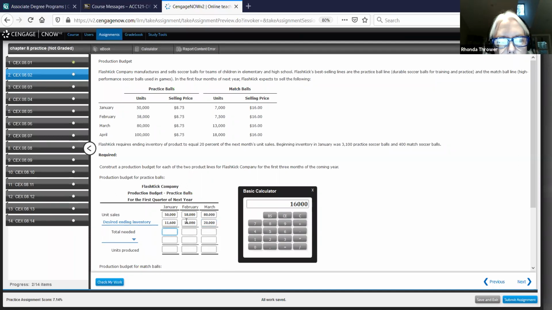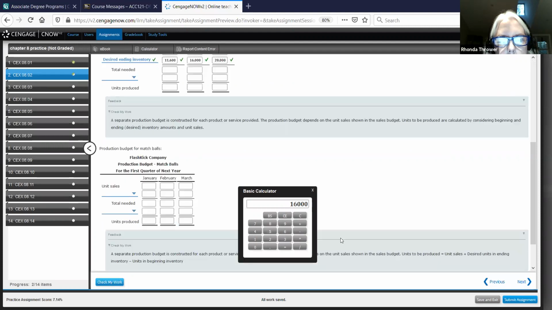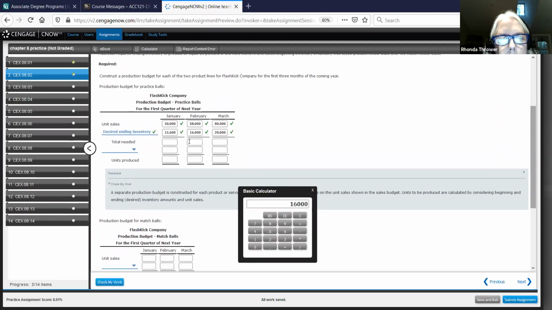And then we're going to add the two of these together to get the total needed. And I just want to check my math here so far.